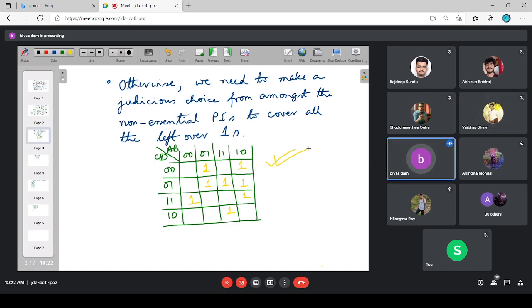So now I have to go for the group formations, or the PI formation. Remember, all those groups will be termed as nothing but the PIs, prime implicants. So first, as per our convention, what is my first target?